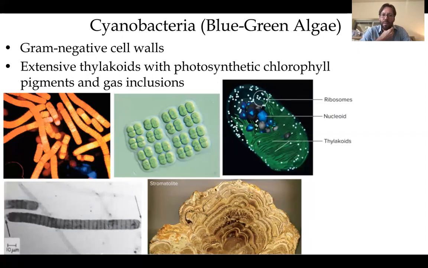They have extensive thylakoids, which, if you guys have had biology, I'm sure they've talked about photosynthesis, and those are these stacked structures in plants and in these blue-green algae that allow photosynthesis to occur. That's the site where the chlorophyll is present. And so that's what's shown here.